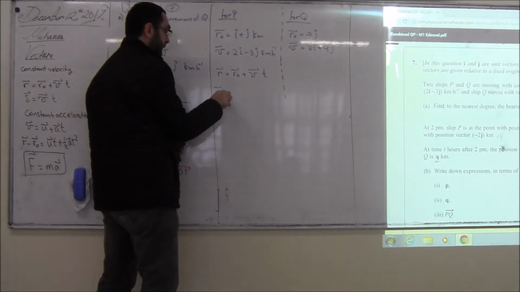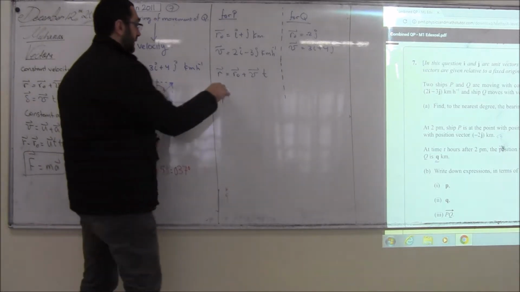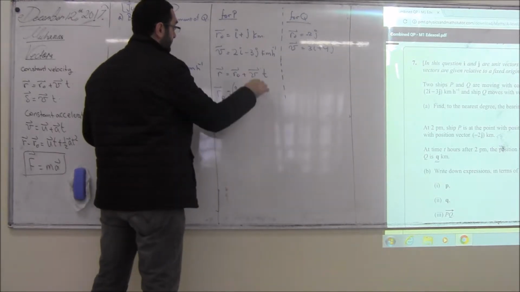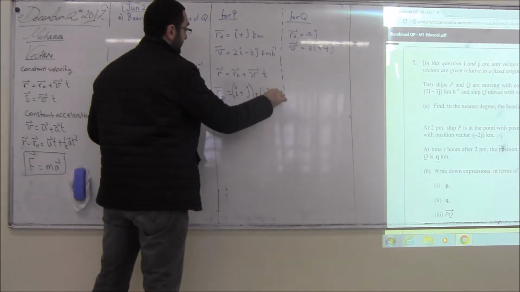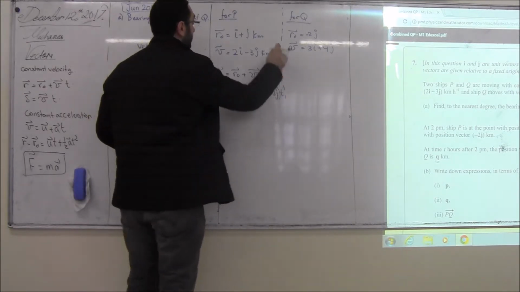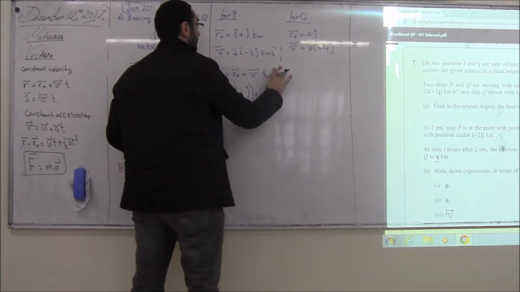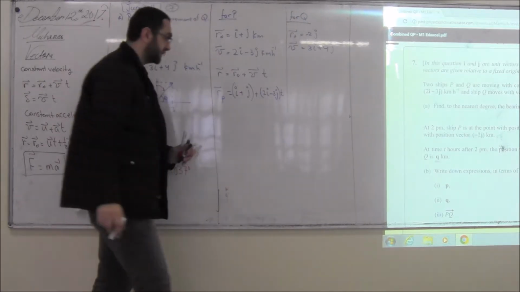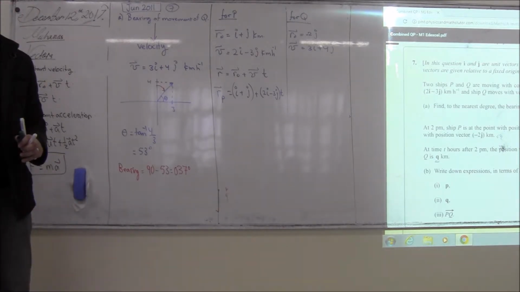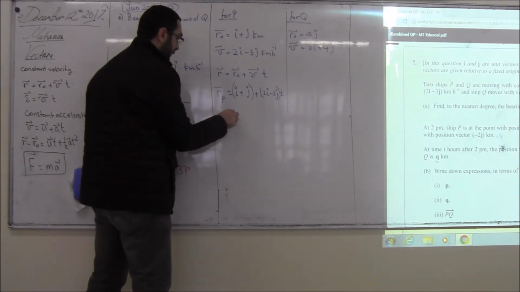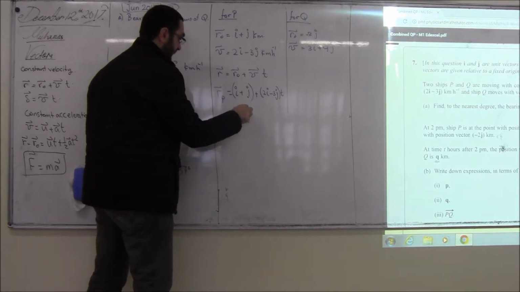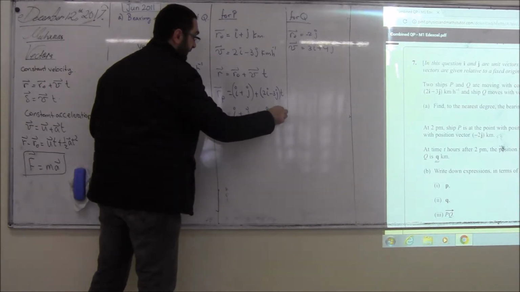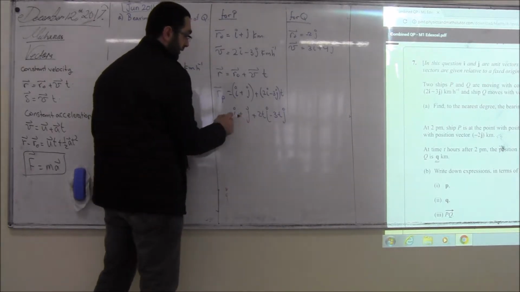The final position of P that we are asked to find: the initial position is i plus j, the velocity is 2i minus 3j, times t, because we are asked to find things in terms of t. So I plus j plus 2t i minus 3t j. Any question about this?